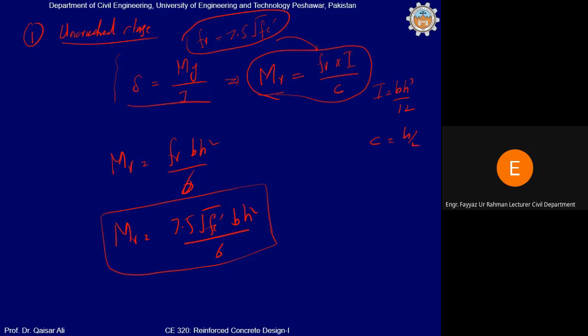However, using the equilibrium equation, you can calculate the flexure capacity of the beam at this stage as well as at the other stages, because equilibrium will be there at any stage. So we can derive the same flexure capacity equation using the equilibrium equation.